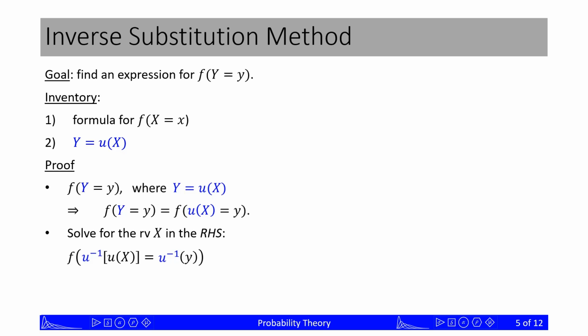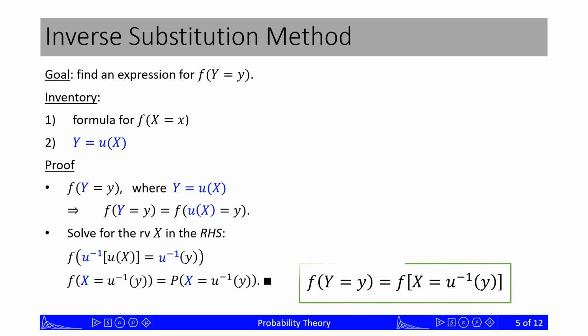Remember that whatever we do to one side of the equation, we have to do to the other side. So now we are left with capital X equals u inverse of little y. And for a discrete distribution, this is the same as the probability that capital X equals u inverse of little y. This is the end of our proof because we have shown that the PMF of capital Y at the value little y is equal to f of random variable x at the inverse of u of little y.